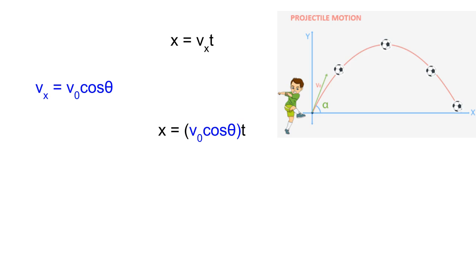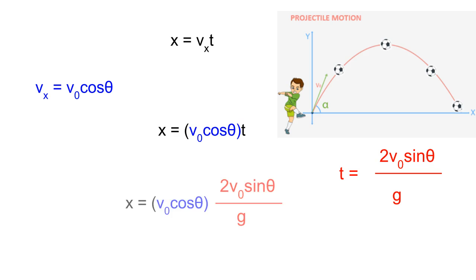Let's return to the x formula. X is equal to the velocity in x times t, or the launch velocity times cosine theta times t. And we just found that t is also equal to 2 times the initial velocity times sine theta divided by g. So if we put all of those together, we could solve this problem right now.